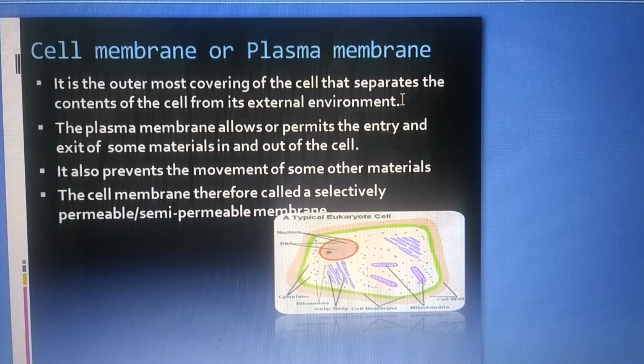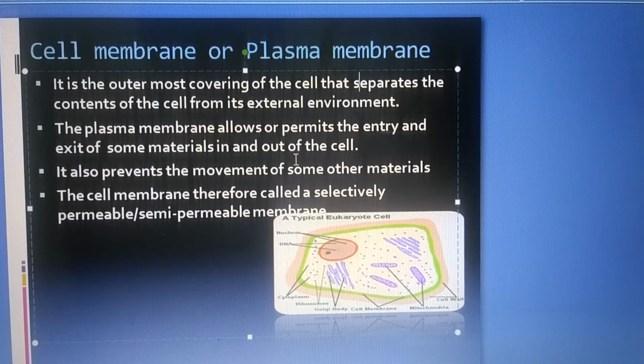Like that, here also there is a membrane which is separating it from the external environment. The contents of the cell are separated from its external environment by a membrane. That membrane we call the cell membrane or plasma membrane.